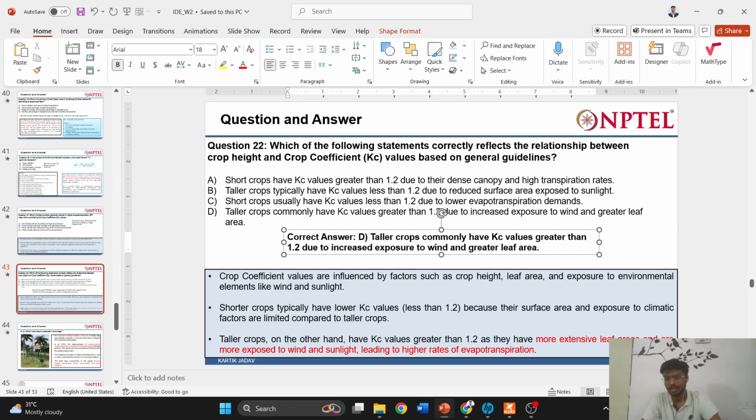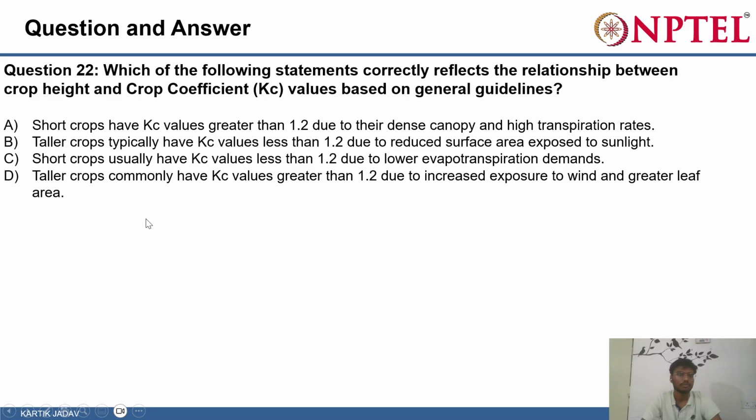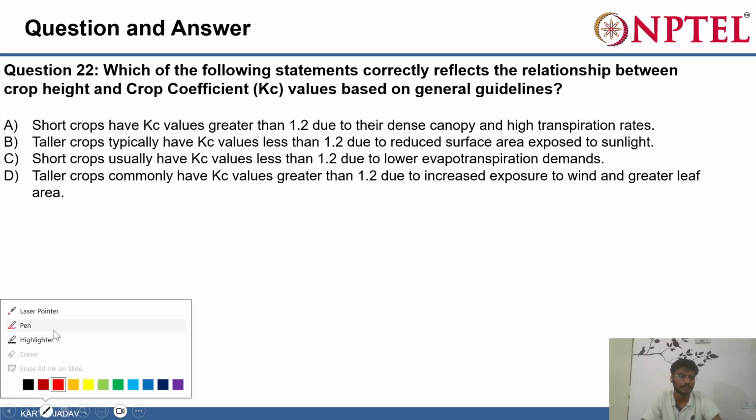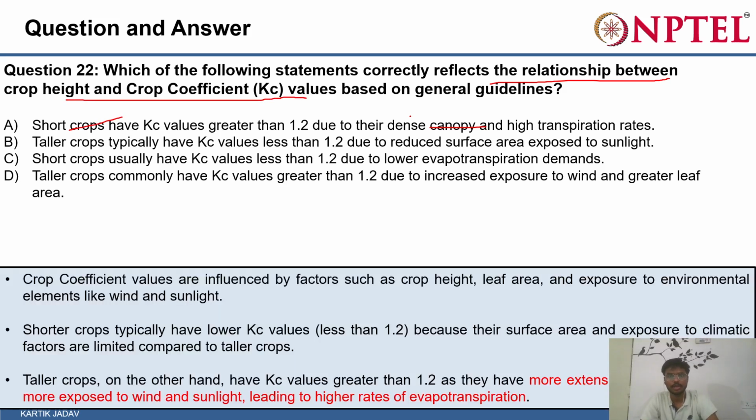But let's read the question and see what is asked here. Which of the following statements correctly reflects the relationship between crop height and crop coefficient Kc values based on general guidelines? Short crops have a Kc value greater than 1.2, so this is incorrect. Taller crops typically have a Kc value less than 1.2. This is also incorrect.